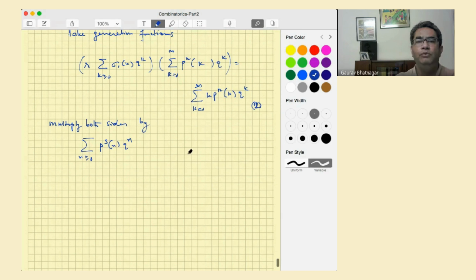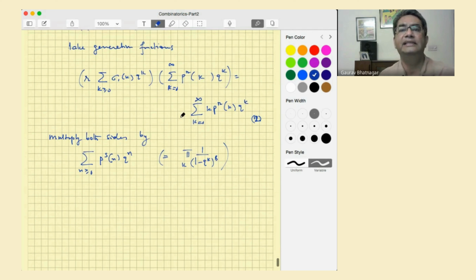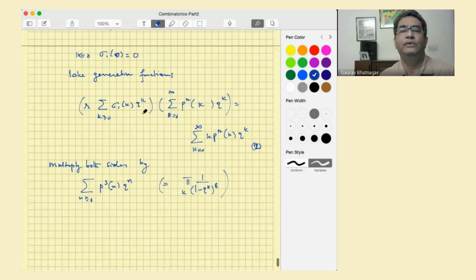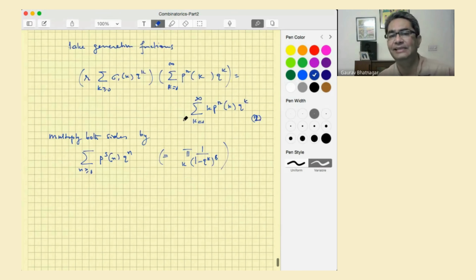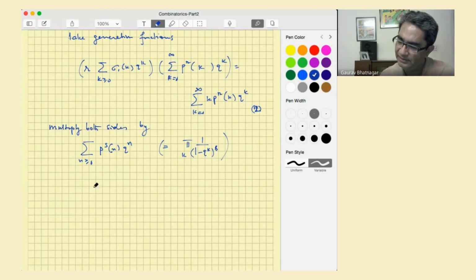I know what this is, this is just the product of 1 minus q raised per k into s. But I multiply both sides, and then I use this guy itself to eliminate this chap. So this same thing with s also holds true. Let me just write it and then you'll see.